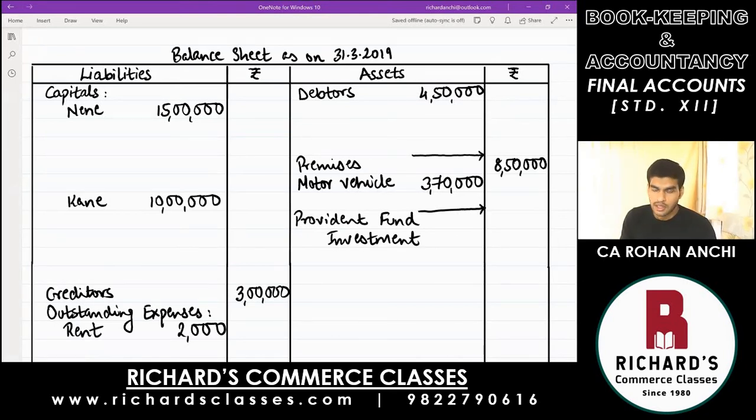Amount is 8 lakhs. Then next is cash in hand, same asset, continue that, cash in hand, 40,000.